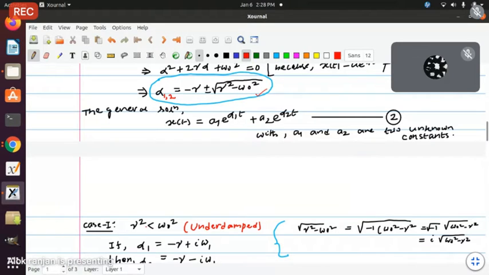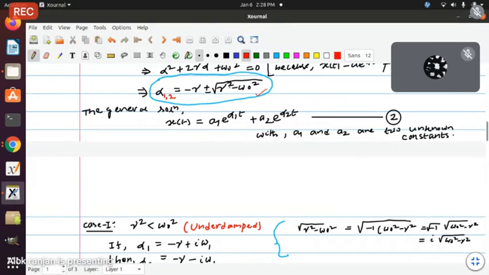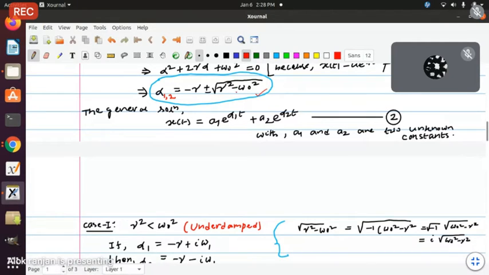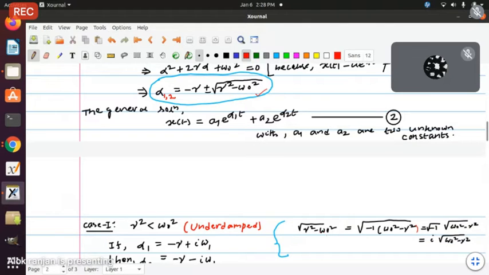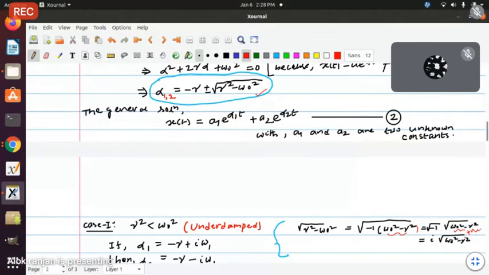Since gamma square is less than omega naught square, the term sitting in the square root is a negative quantity, which I have simplified here. So we can factor out -1, and the remaining term is positive: the square root of omega naught square minus gamma square. As we know, the square root of -1 equals i. So we can redefine omega 1 square equal to omega naught square minus gamma square.